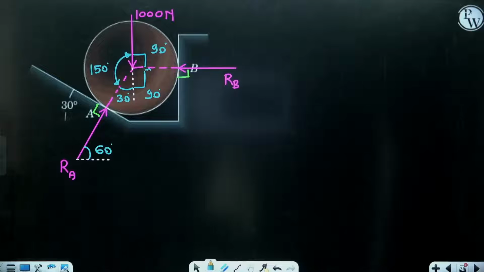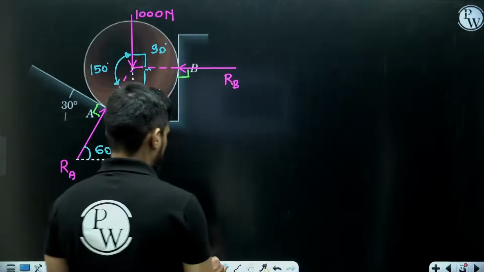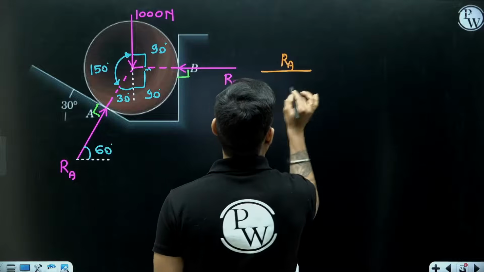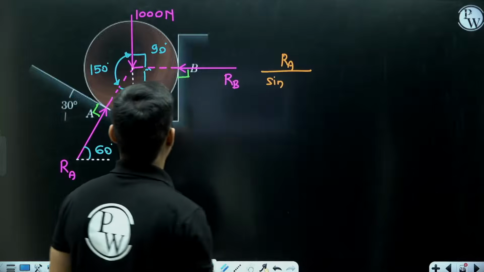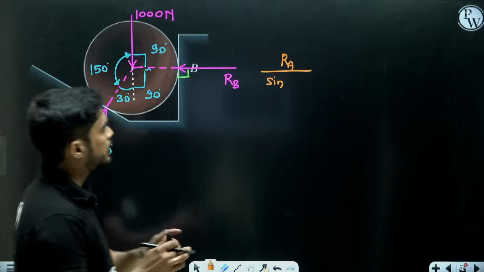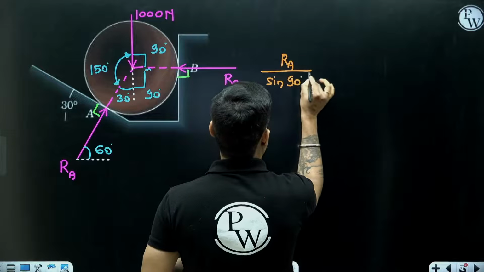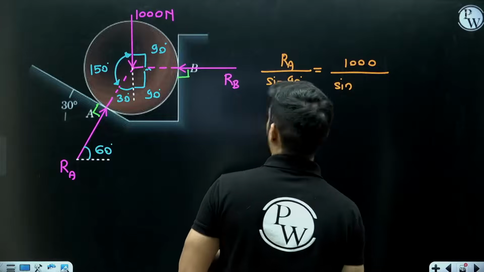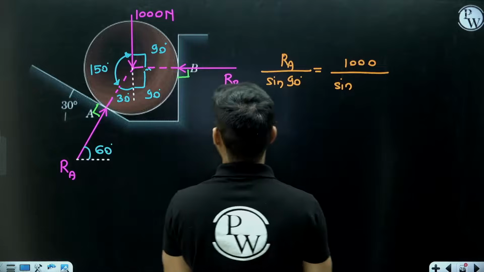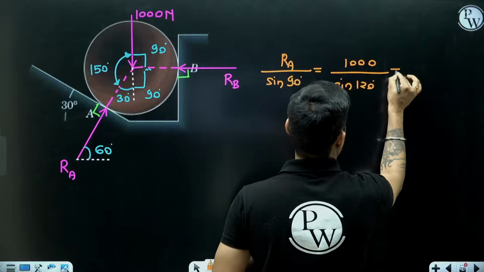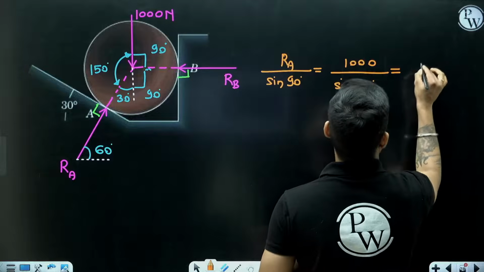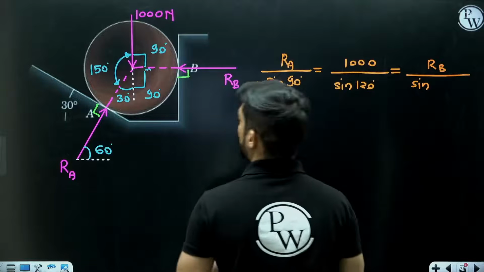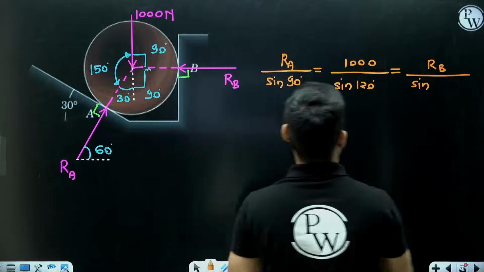Now I can apply Lami's theorem. According to Lami's theorem, RA divided by sine of the angle between RB and 1000, which is 90, equals 1000 divided by sine of the angle between RA and RB, which is 120, equals RB divided by sine of the angle between 1000 and RA, which is 150.